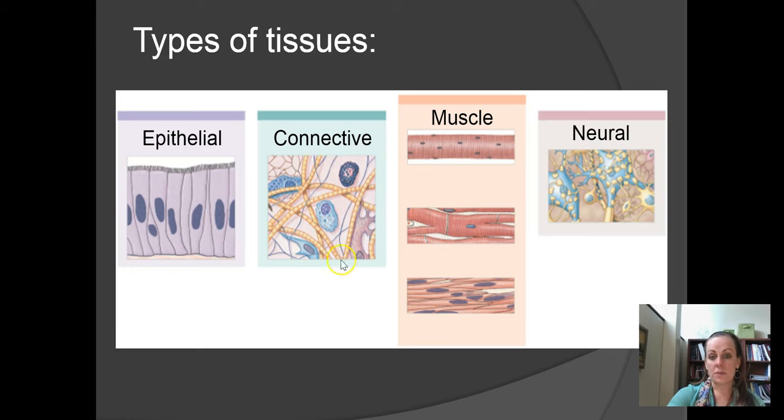The type of tissue that's probably the most diverse is going to be your connective tissue. The connective tissue is going to have a lot of different functions, and it's pretty varied. So some connective tissues we actually think of as packing material. They help be the glue that holds everything together.